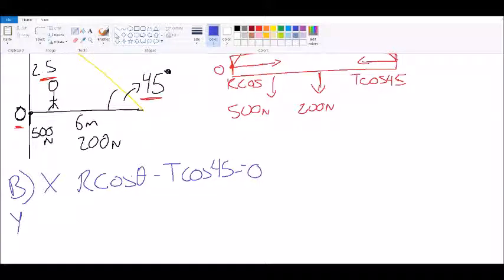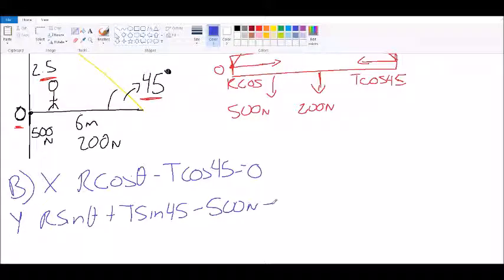And then in the Y direction, we're going to have R sine theta. And we're going to add the tension sine 45. And we're going to subtract 500 newtons as well as the 200 newtons. And we're going to set this equal to 0.